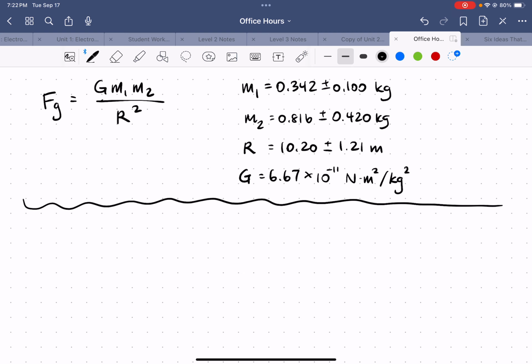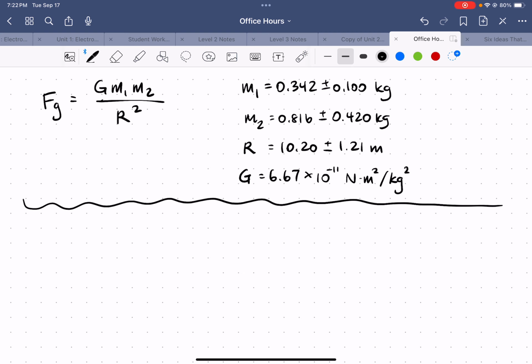And let's suppose we have nominal values for the two masses and the distance, with some uncertainties given to the right. And let's assume that the value of G is exact. It has no uncertainty. We want to know what is the uncertainty in the force value. When you have a function of two or more variables, if those variables are all independent of one another, the uncertainties combine not via simple addition, but in what we call quadrature.